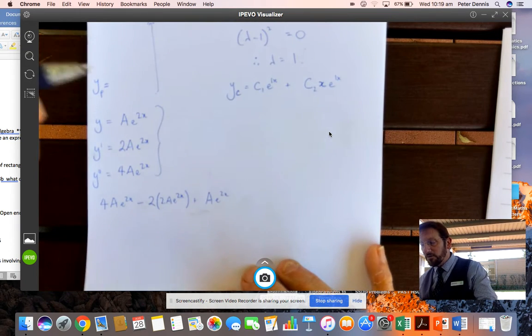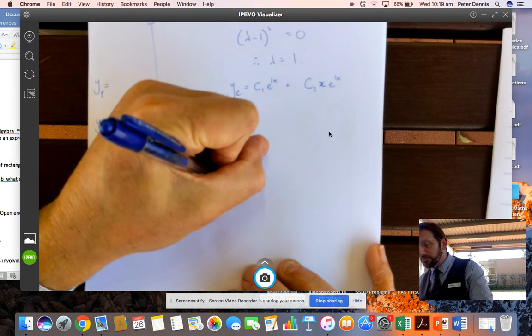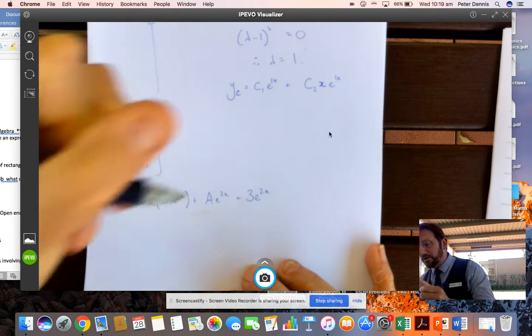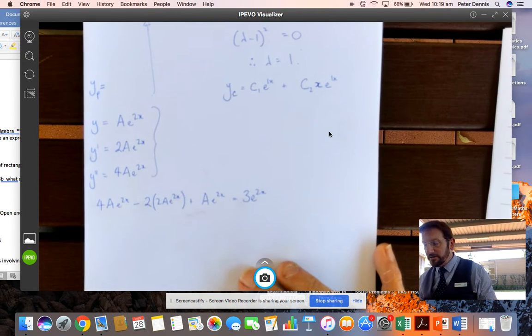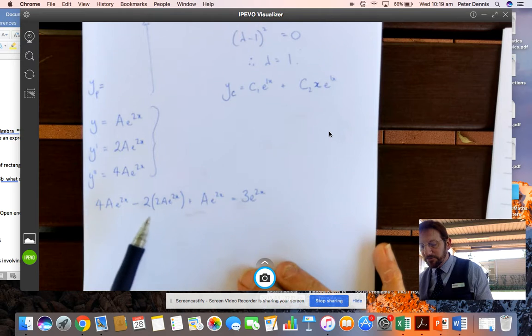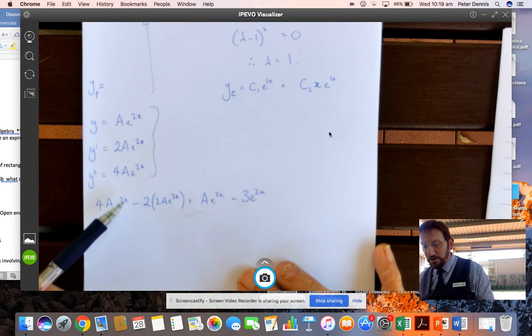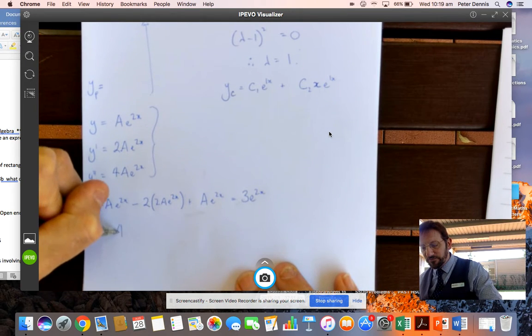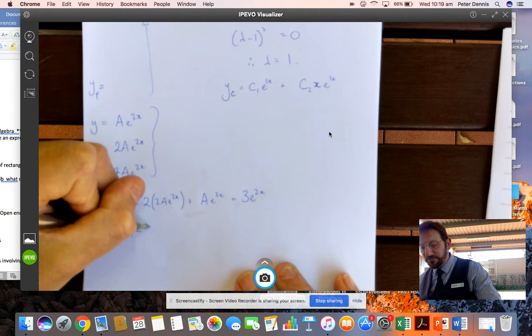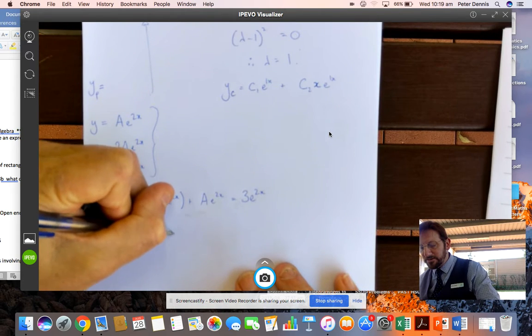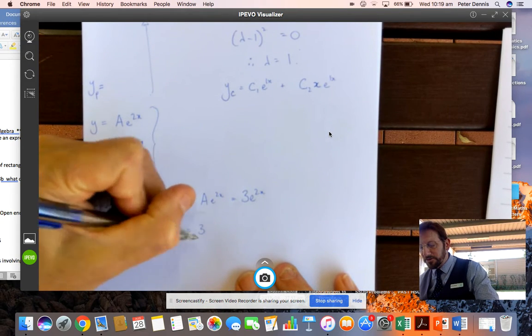Now what we know is that this equals 3e to the 2x. That's why I can say that it's a pretty nice guess, actually, because you can see that we can find a value for a that's going to make this work. So what we get really is 4a minus 4a plus a equals 3.